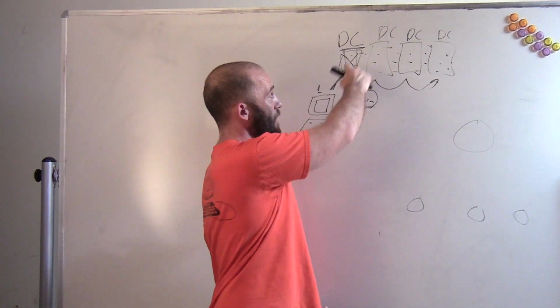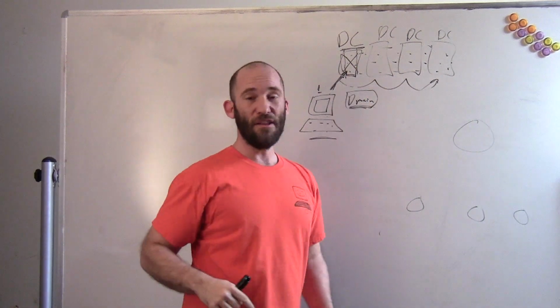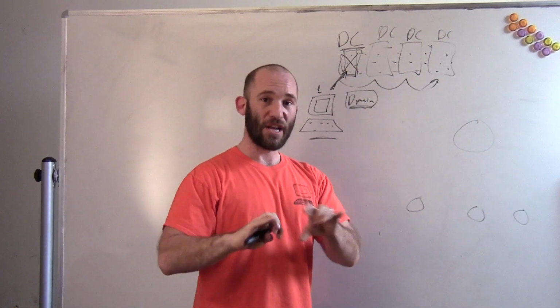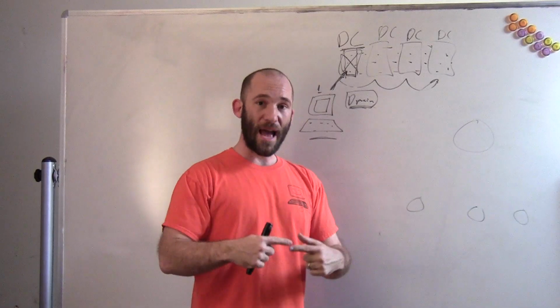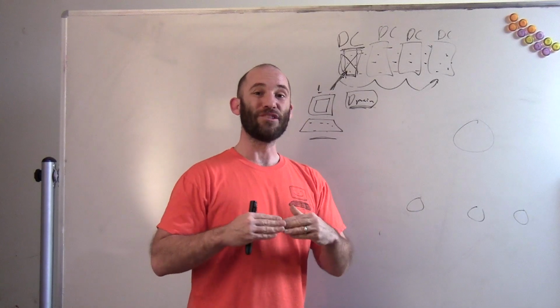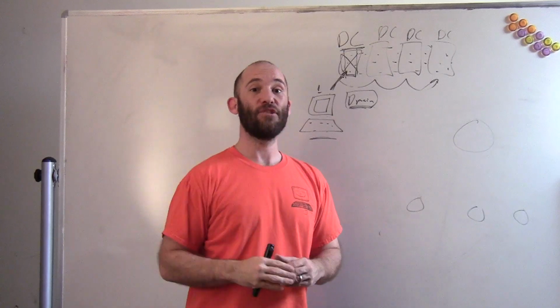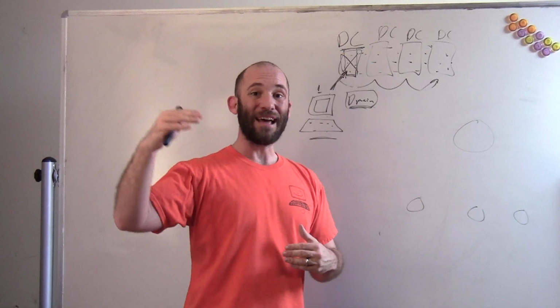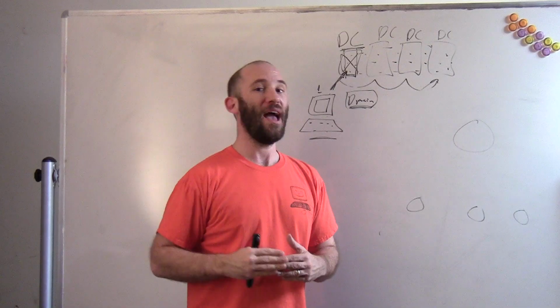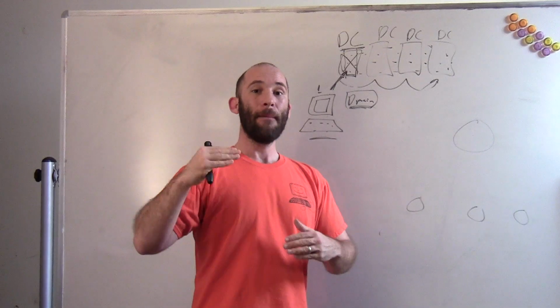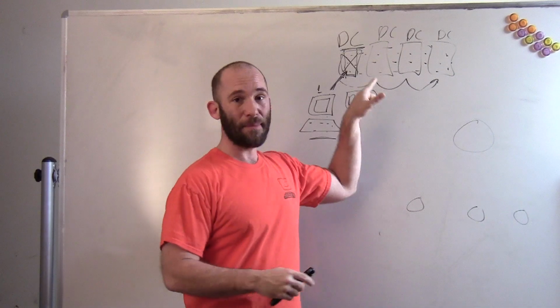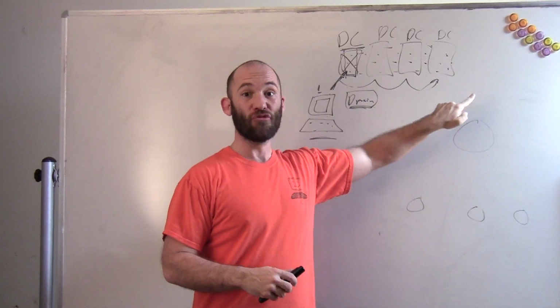You log in to a domain controller, say you want to change your password, and you change it. Then it's writing that new password to the database on that domain controller. So if you want to add users, change passwords, or change usernames, the domain controller has to be both read and write.